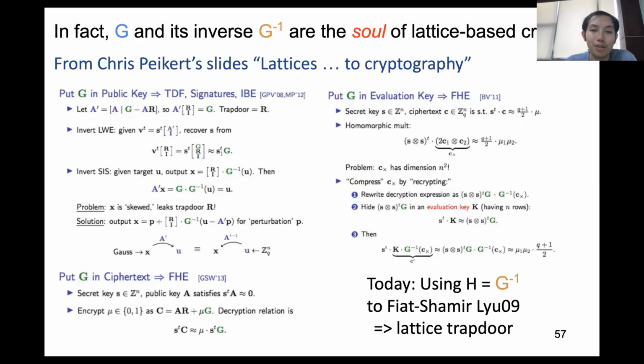If you put G in the evaluation key, you get BV11. If you put G in the ciphertext, you get the FHE of GSW13. And today we show that if you put G, or rather G inverse, as the hash function, then you can rediscover the lattice trapdoor by taking the Fiat-Shamir, which is somewhat expected after you see all the fancy applications of the G matrix.